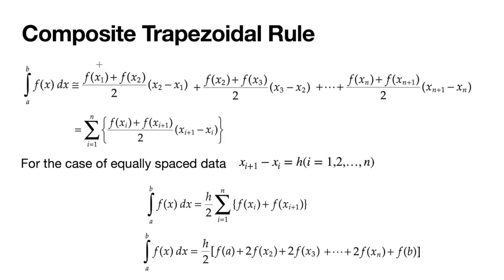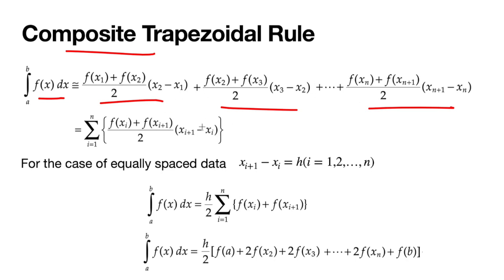For the first two points x1 and x2, we will have this equation, plus for the second and third point this equation. Similarly for the nth and (n plus 1)th point we will have this equation, and we are adding them to get the function value, because this is a composite rule.